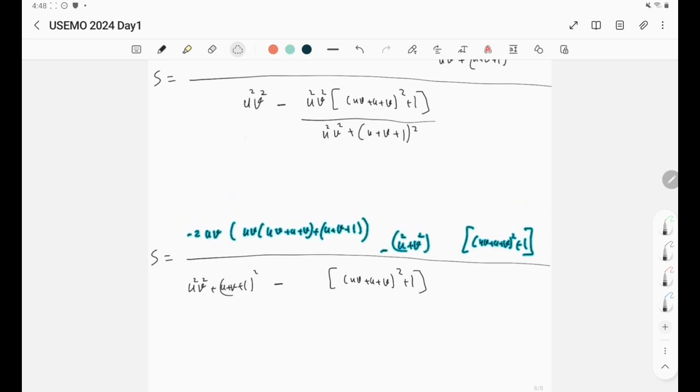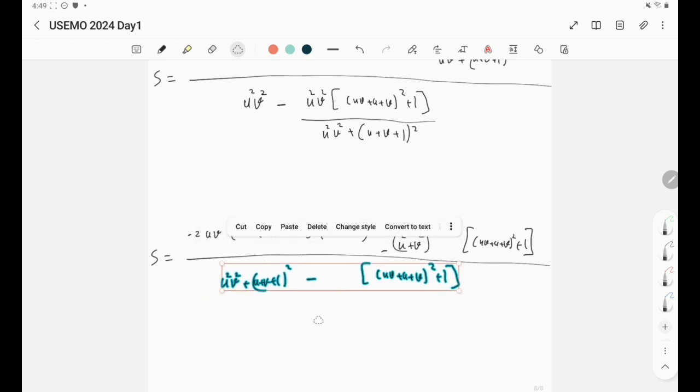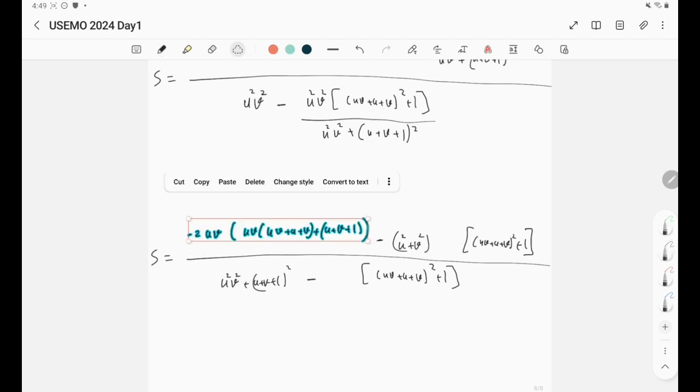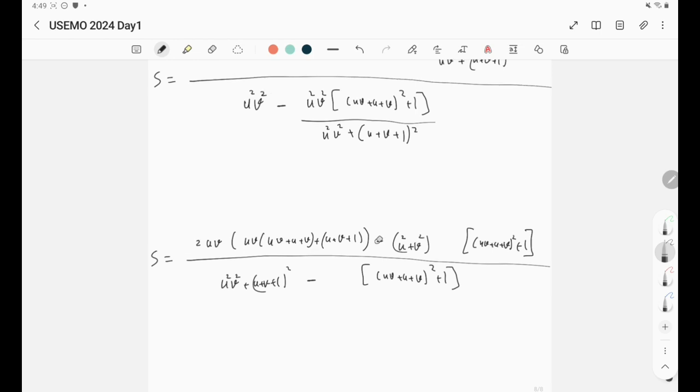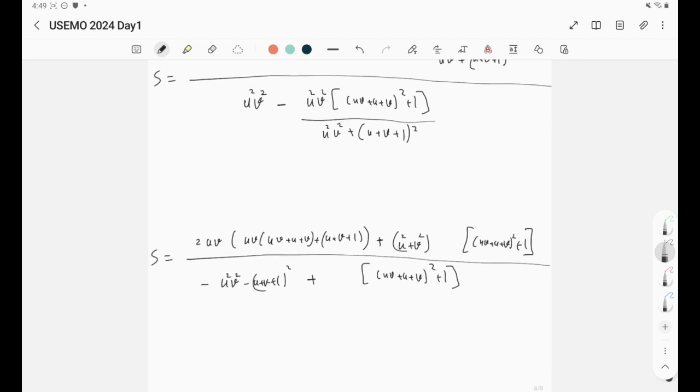So now we have much simpler stuff. Let's just put the minus here so that we don't miss it. In fact, let's just get rid of the minus here and make this plus and swap these. Alright, can we simplify anything anymore? I don't think so. Yeah, that's it.